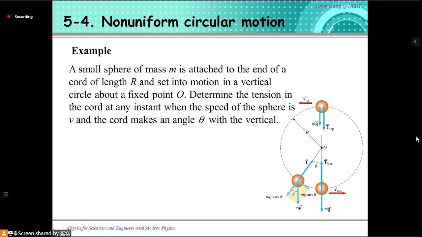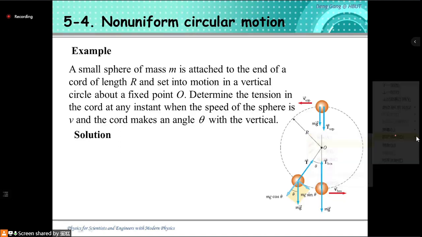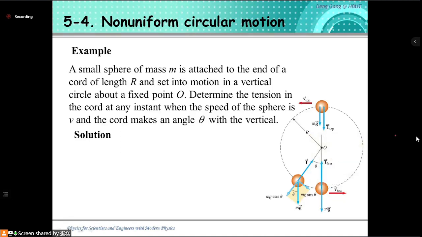Like here, the force on this ball should be the gravity mg and tension T. This is what we are going to calculate.